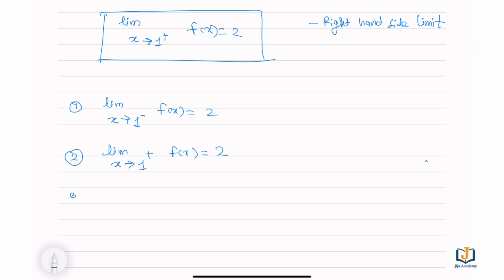The third one is limit x tends to 1 left hand side, f of x is equal to limit x tends to 1 right hand side, f of x. Both are the same.